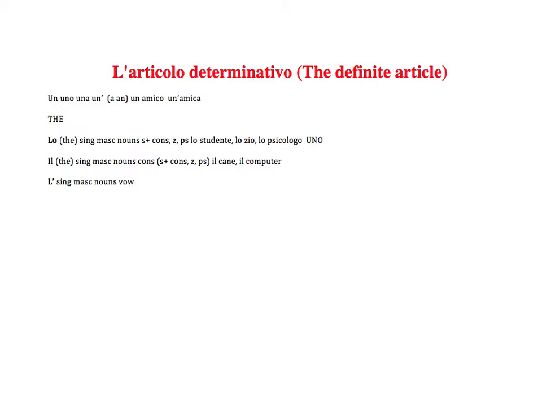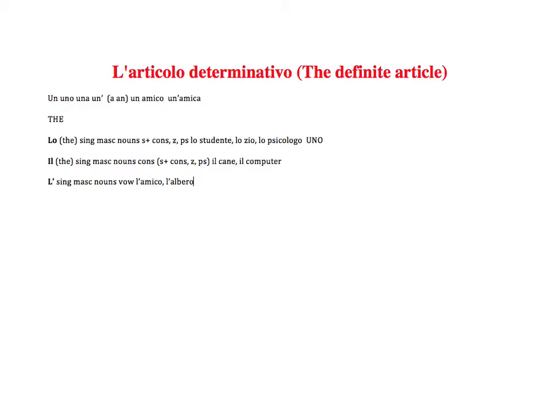Okay, so if you want to say "the friend", since friend in Italian is amico and it starts with a vowel, you will say l'amico. If you want to say "the tree", tree in Italian is albero, so again it starts with a vowel, you will say l'albero.